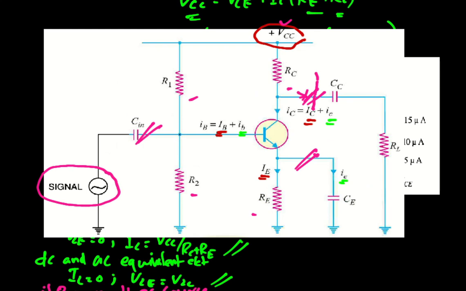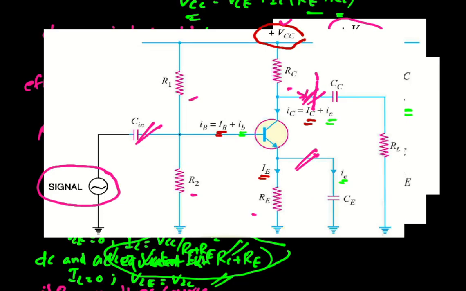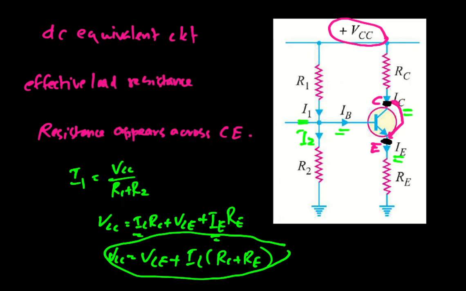We have to remove all the AC sources and we have to open up all the capacitors. Then we have to calculate the effective DC load resistance of the circuit, and we have obtained it as RC plus RE.